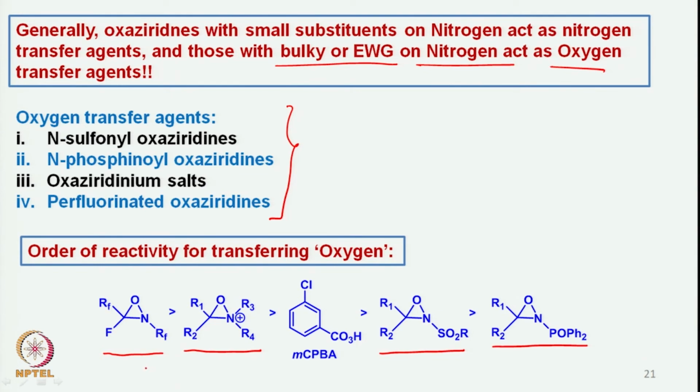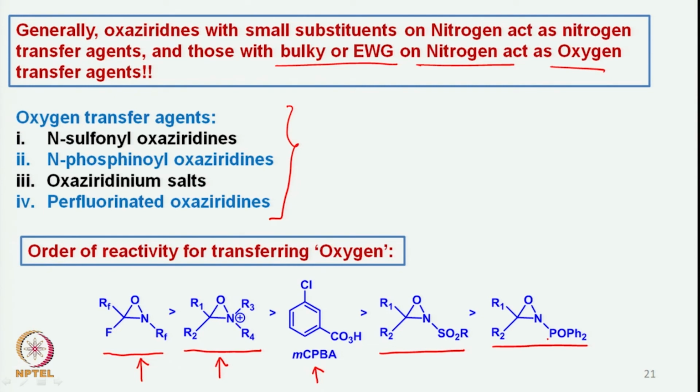Now, what is the order of reactivity for transferring such oxygen, in comparison to say metachloroperbenzoic acid? It has been found that the perfluorinated oxaziridines react very fast, then you have the corresponding oxaziridinium salts, which are more reactive than metachloroperbenzoic acid, which in turn is more reactive than the corresponding sulfonyl type of oxaziridine.